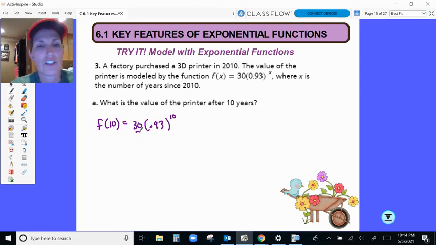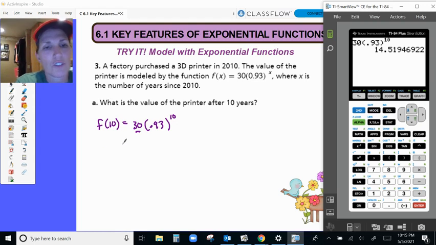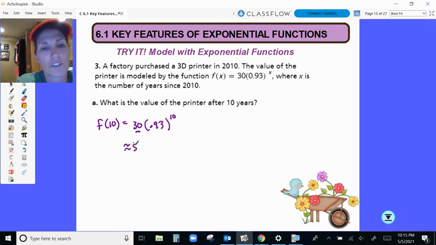Notice 30 is our starting point. I don't know if it was 30,000 or $30. I can't imagine a 3D printer costing $30. So 30 times 0.93 to the 10th power is approximately $14.52 is what it's worth after 10 years, or thousands. I'm not sure if it's in thousands or not.